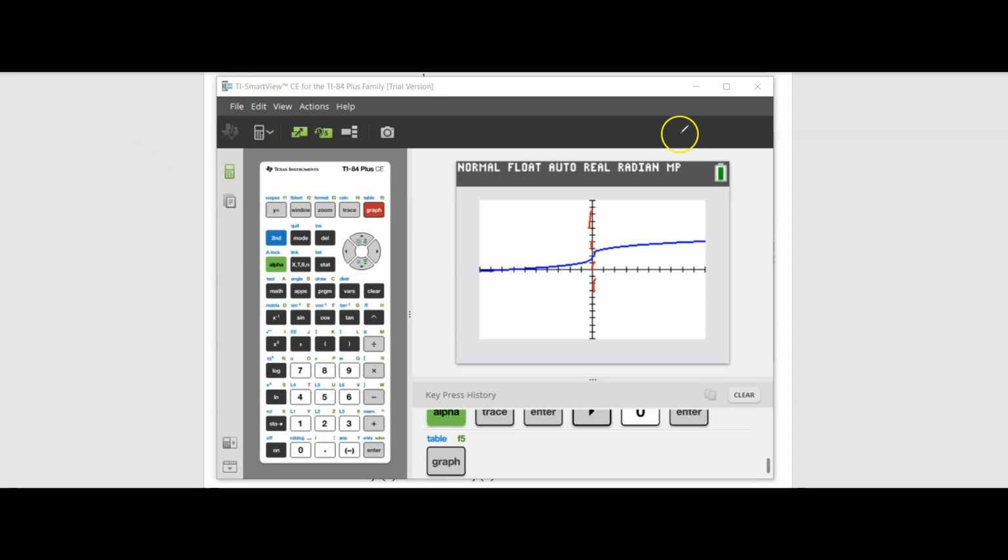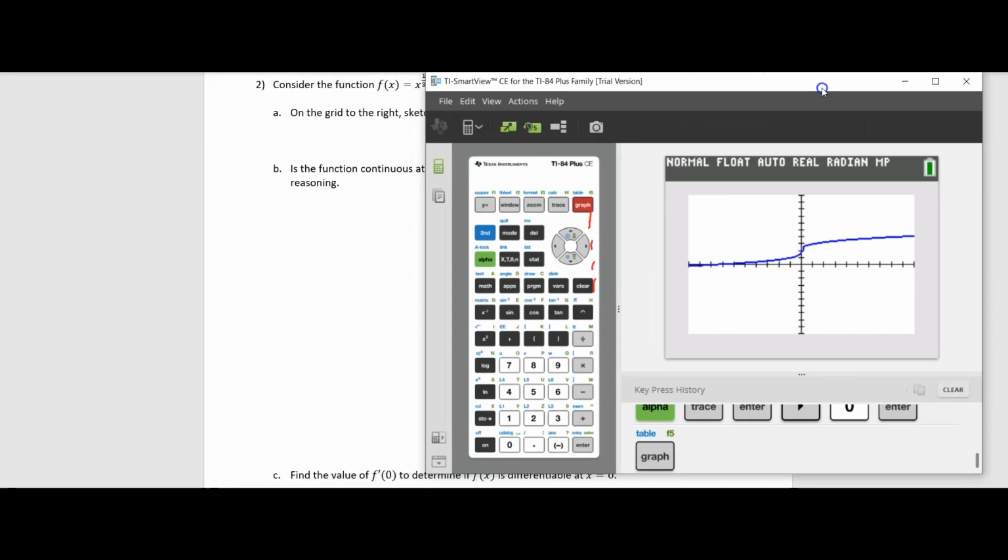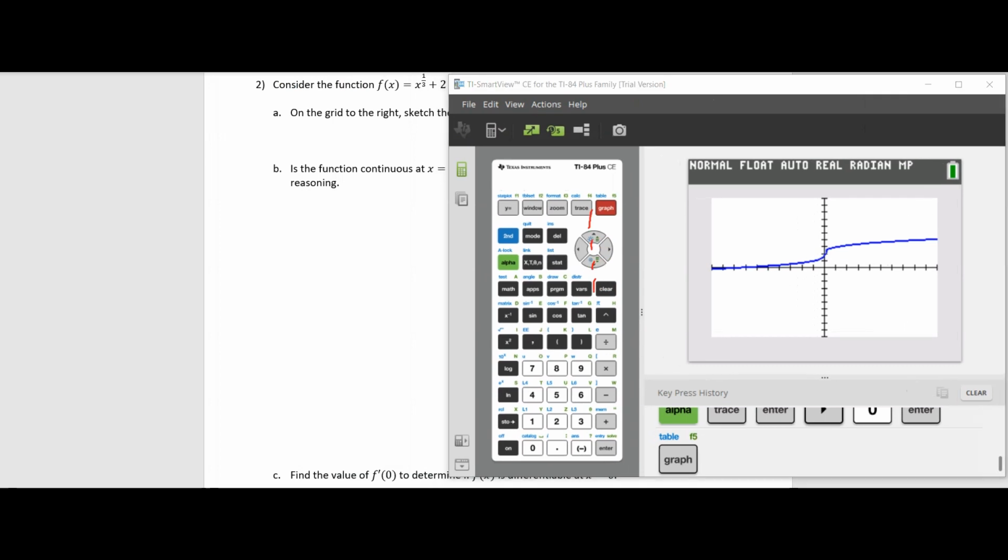If we look back at this original function, let me move this calculator over. If we just take the derivative real quick by hand, so we have f of x is equal to x to the power of 1/3 plus 2. If I take this derivative by hand, I'm going to get 1/3 times x to the power of negative 2/3.